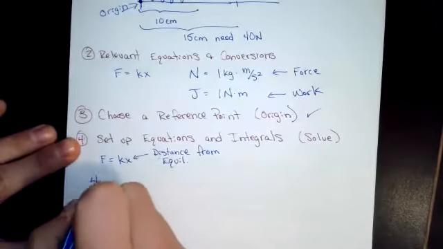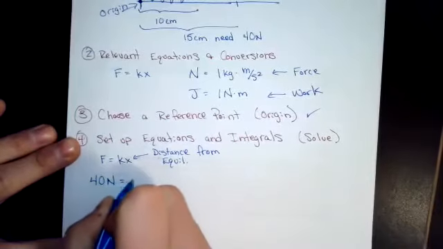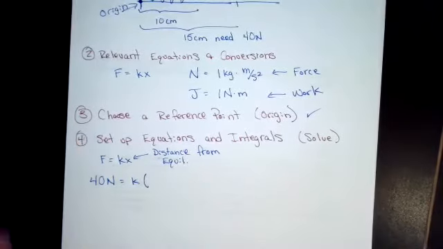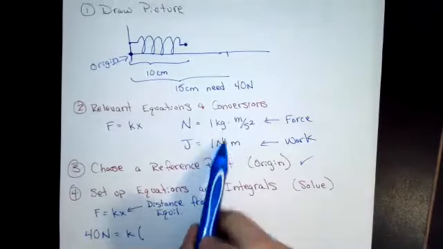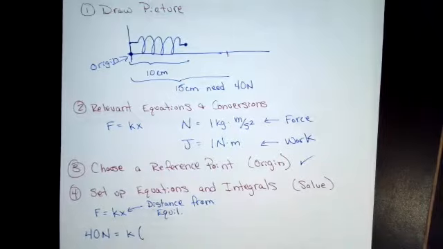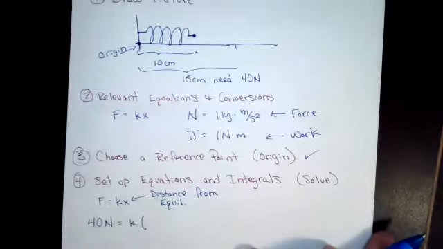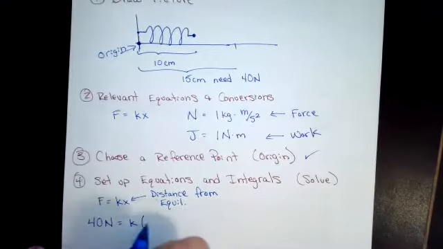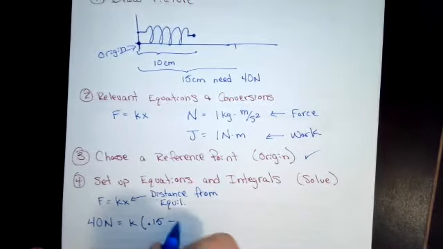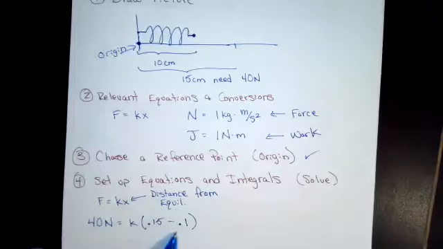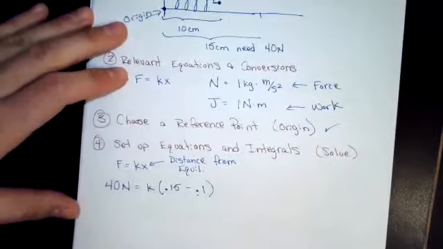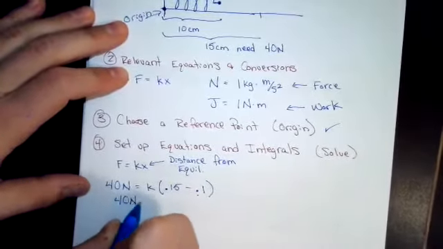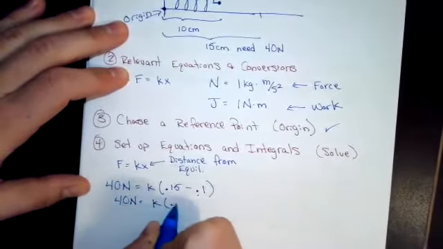So what is our equation going to say? It says we had 40 newtons is equal to k times the distance from equilibrium. And again, since I'm using newtons, we want to make sure we're using meters for that. So since the problem was given in centimeters, our distance from equilibrium was 15 centimeters minus the 10 centimeters from equilibrium. In other words, 0.05 meters. So 40 newtons equals k times 0.05.